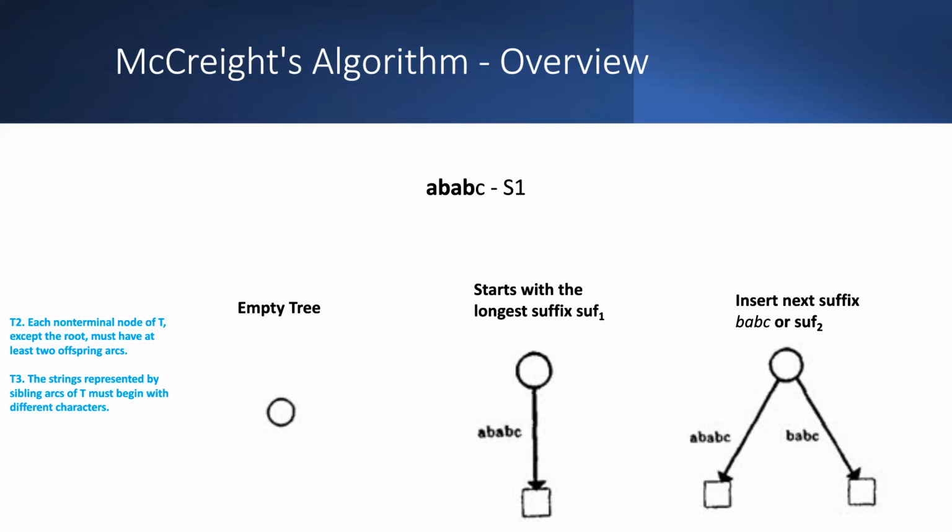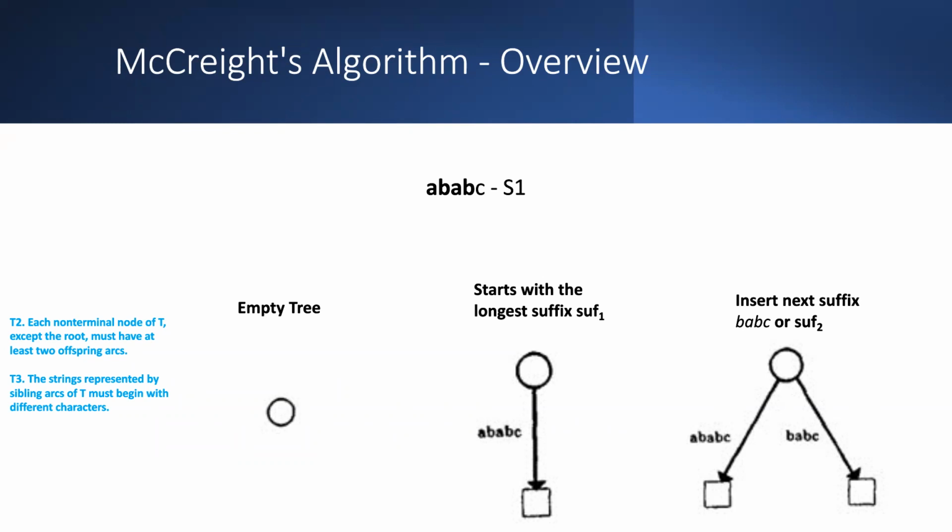And then we're going to go through every suffix starting from the very beginning of our set, and go to the very end and build a suffix tree from left to right. So as you can see, we have an empty tree, and then it starts with the longest suffix, which is SUF1. And so we create a new node out of the root, basically out of the entire string itself.